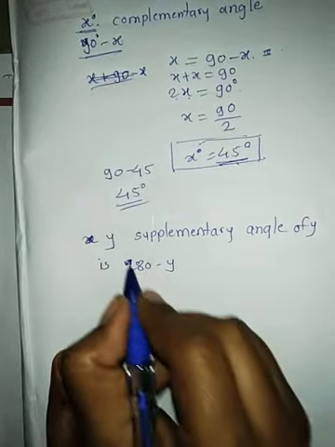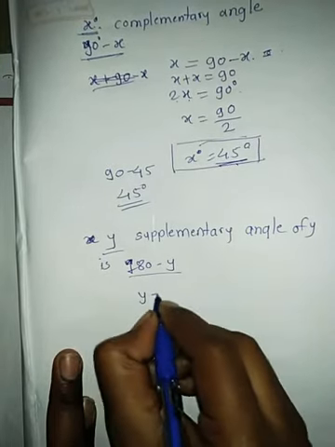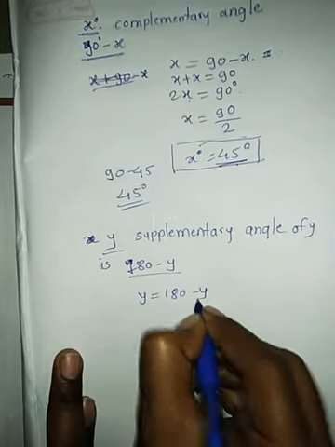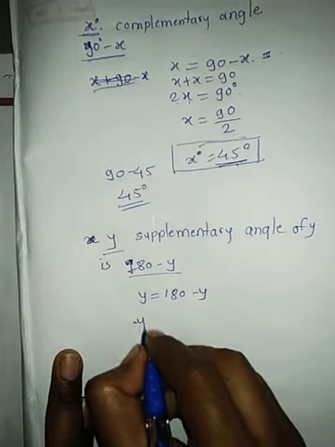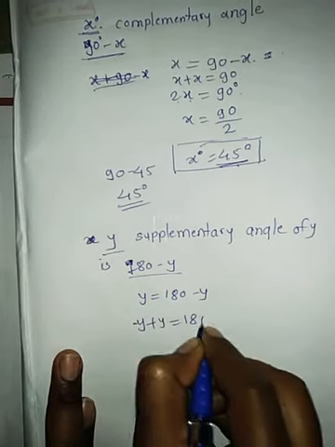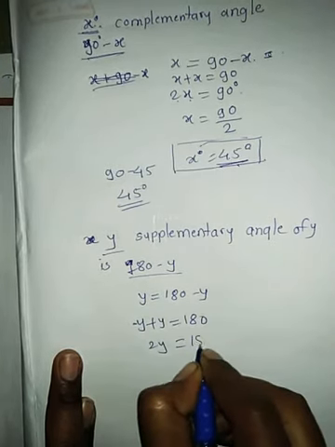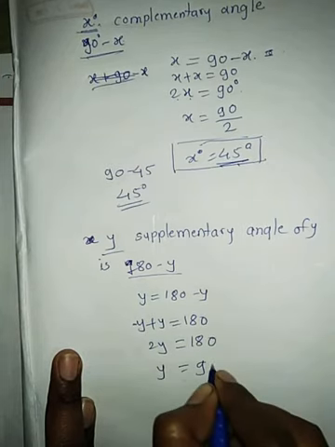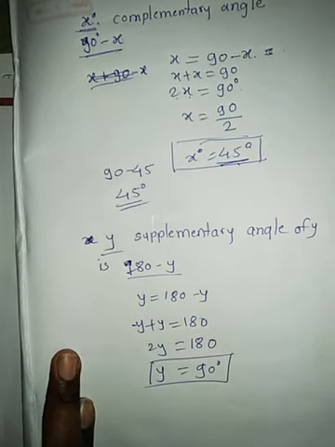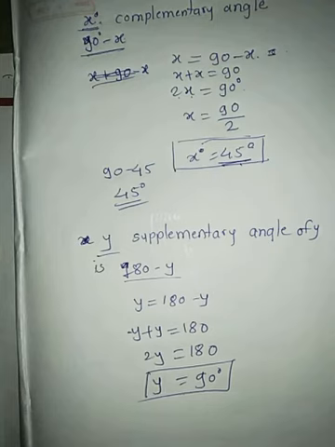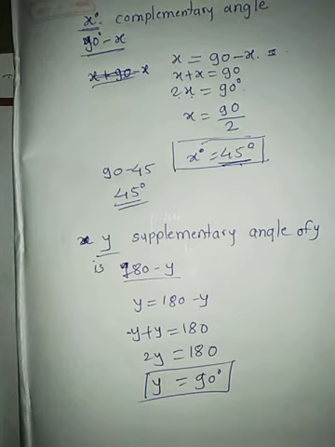Now this and this are equal, so y is equal to 180 minus y. Now y plus y is equal to 180, 2y is equal to 180, y is equal to 90 degrees. So the angle 90 is equal to its supplementary angle. So 90 is equal to 90.